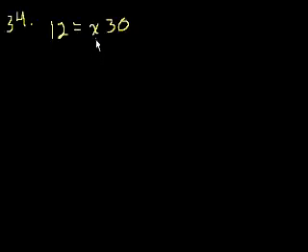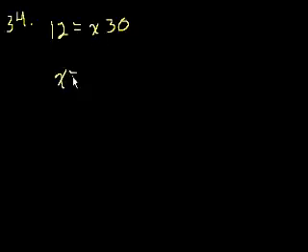Next question. 34. What percentage of 30 is 12? So 12 is equal to some decimal times 30. And we can convert that decimal eventually to a percent. We just multiply by 100.